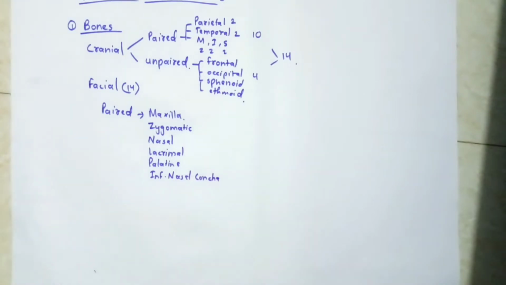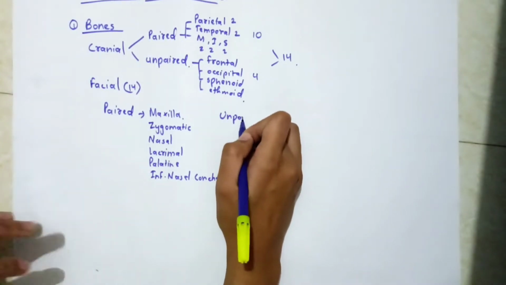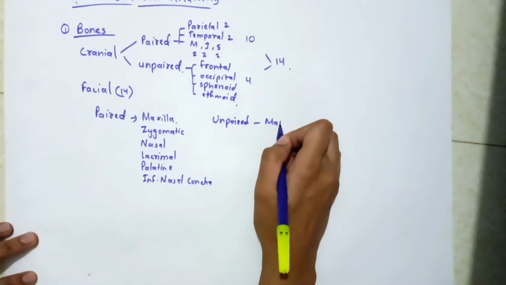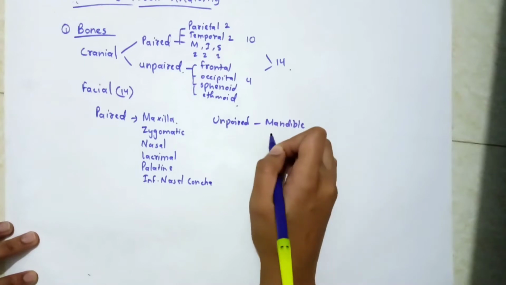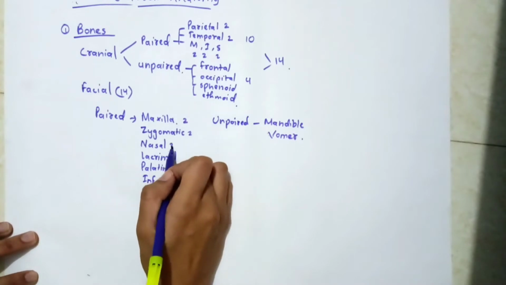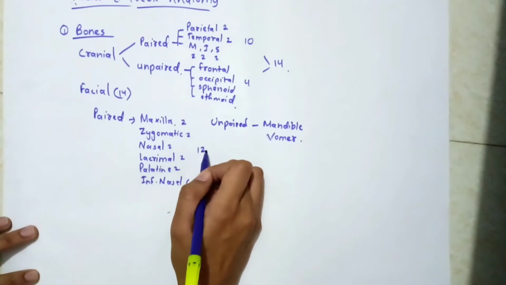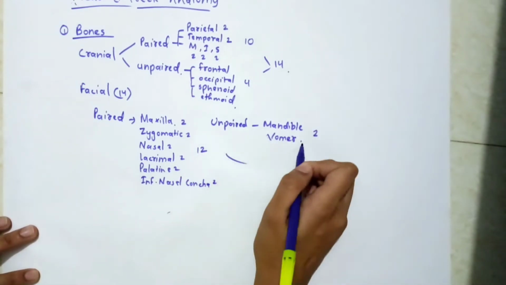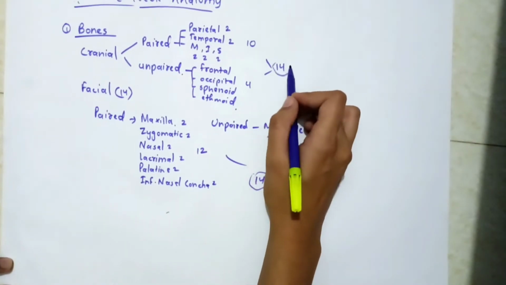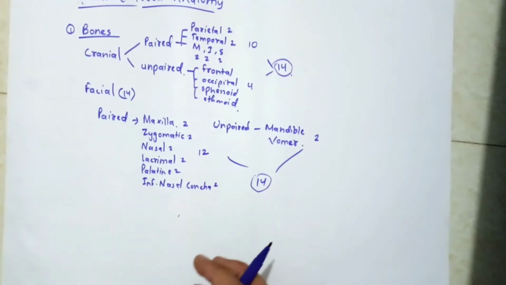And in unpaired we have only 2 bones, that is mandible and vomer. So how many? 12 paired and 2 unpaired, so total we have 14. So in head and neck we have total 28 bones. So let's see these bones in the atlas.